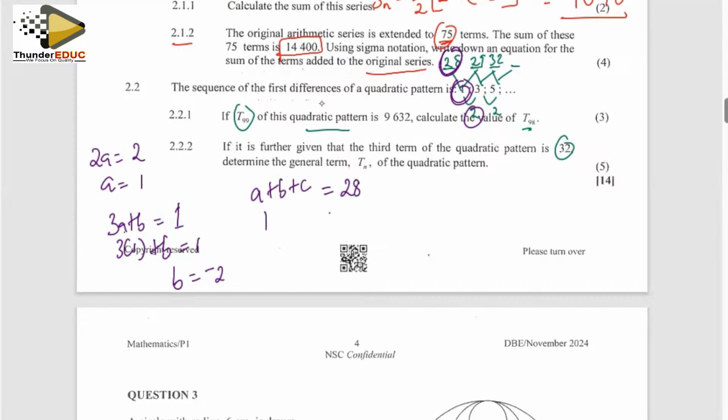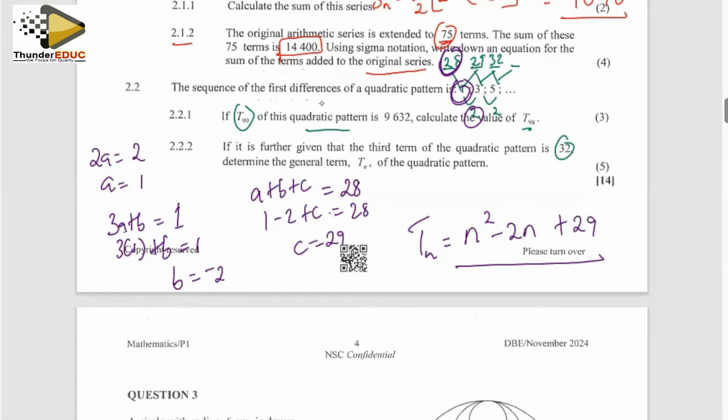So 1 minus 2 plus c is 28. That's going to give us a negative 1. Move it that side, c becomes a 29. So our Tn is going to be n squared minus 2n plus 29. So that is what the question asked for.